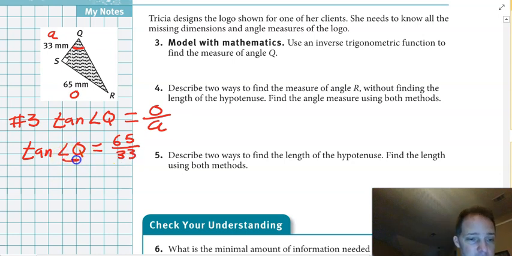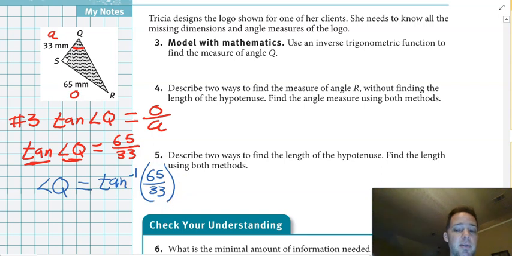So now this is my unknown angle. I need to get rid of the tangent function to get angle Q by itself. You just need to do tan inverse of both sides. When I do tan inverse of both sides, on the left side, it cancels out tangent and you're left with angle Q. On the right side, I have tan inverse of 65 over 33, and this is what you can type in your calculator in degree mode to get the answer.